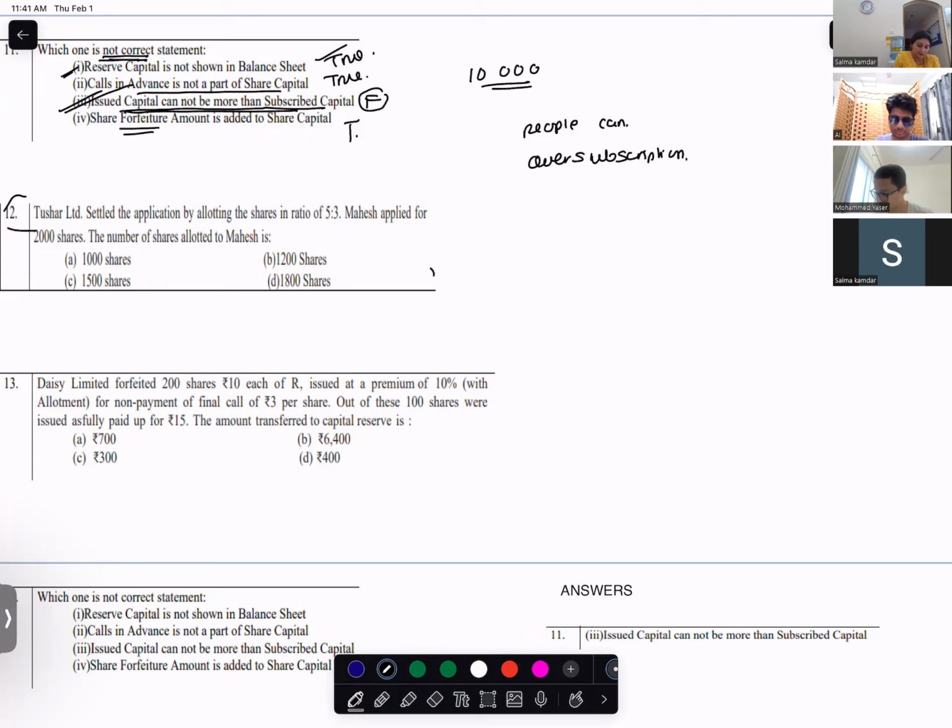Go to the 12th one. Anas, read. Tushar Limited settled the application by allotting the shares in the ratio of 5:3. Mahesh applied for 2000 shares. The number of shares allotted to Mahesh is? What does this mean?